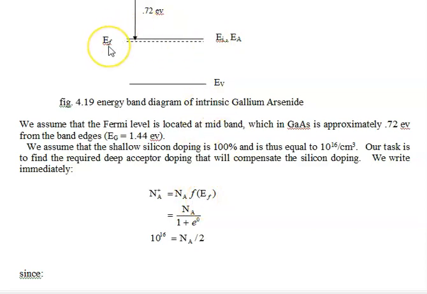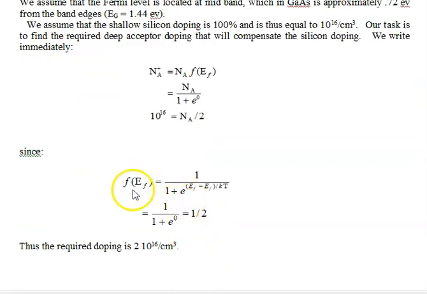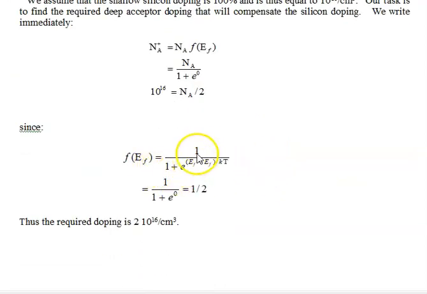Well, E_F is equal to E_A. So if that's true, then N_A^+ is equal to N_A simply divided by 2. And the reason is, this is the Fermi function, E_A or E_F, they're the same place, is equal to 1 divided by 1 plus e to the E_A minus E_F, which is 0 because it's E_F minus E_F, and that's 1/2.